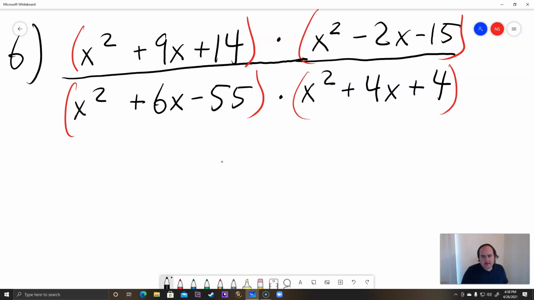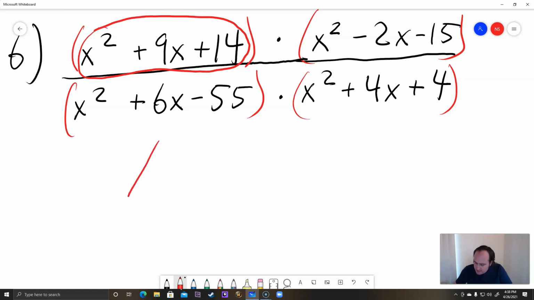Now the way you want to factor this is each of these is a trinomial, so you want to use the x method for all 4 of them separately. Okay, so let's start with the top left. Using the x method for the top left, I'll do that one in red.